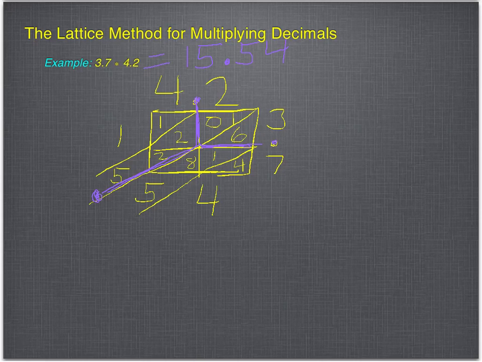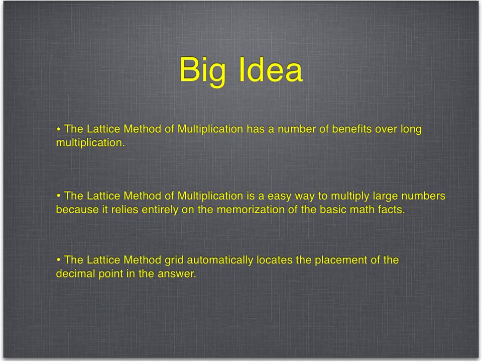Okay. Let's look at one. Oh, no. Big idea. What is our big idea? The big idea for the lesson is the lattice method of multiplication has a number of benefits over long multiplication. The lattice method of multiplication is an easy way to multiply large numbers because it relies entirely on the memorization of the basic math facts.